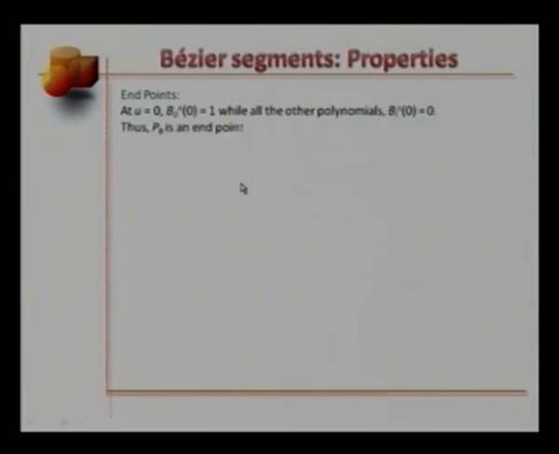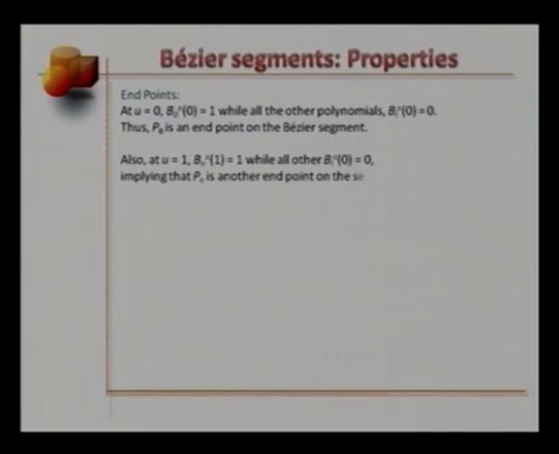First, the endpoints of a Bezier segment. At parameter value u equals 0, the first Bernstein polynomial is 1, while all the other Bernstein polynomials are 0, which would mean that p sub 0, the first design point, would be one of the endpoints of a Bezier segment.